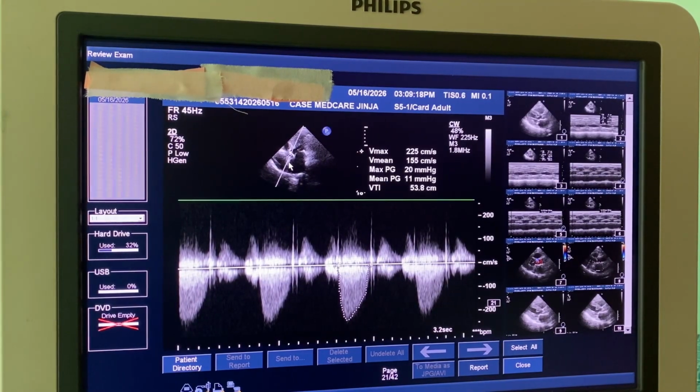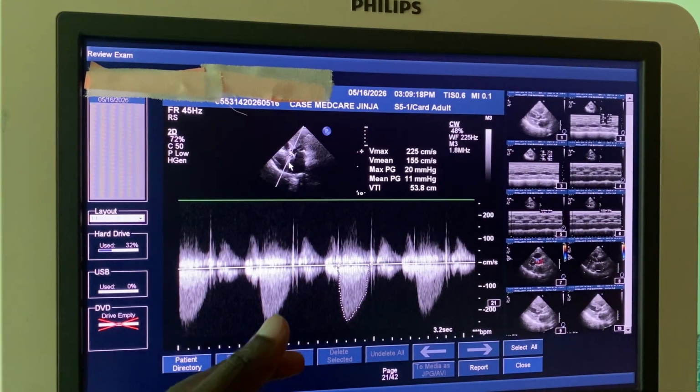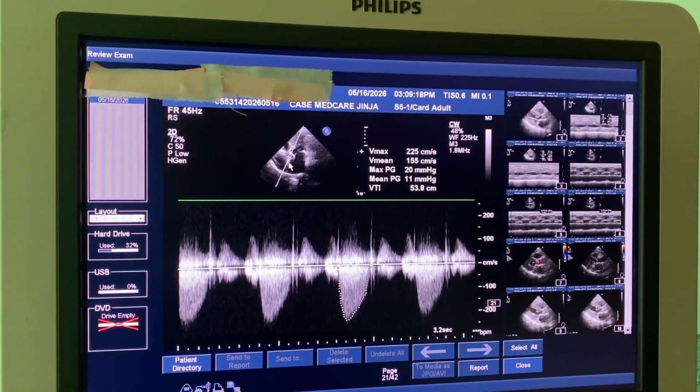So there are things we can do to confirm whether there is low flow, low gradient AS, and we'll see how we can improve the flow. But here, we don't need to. If you try to make the heart beat so fast, the patient may collapse, so we couldn't proceed to do that.